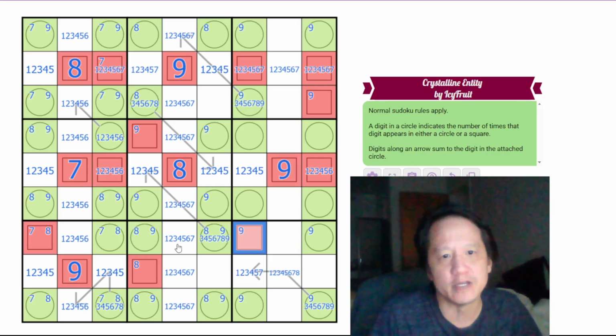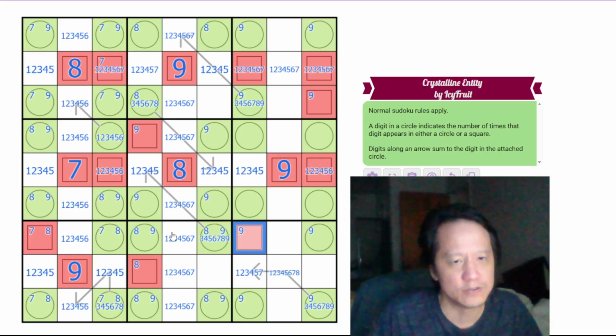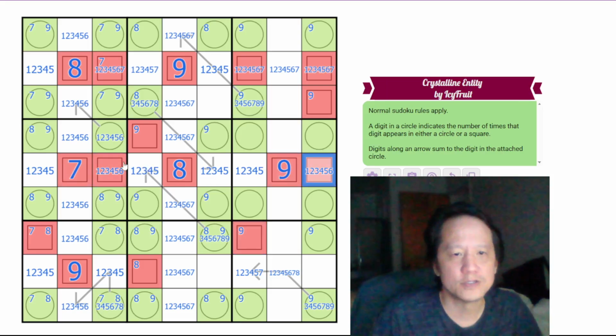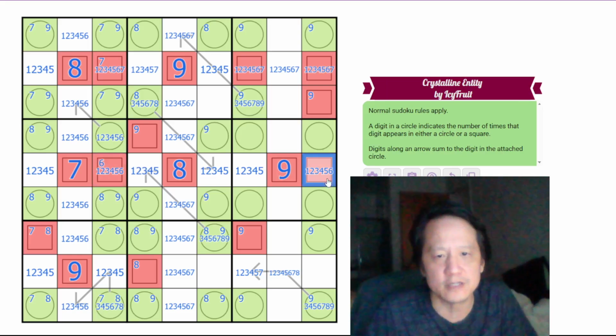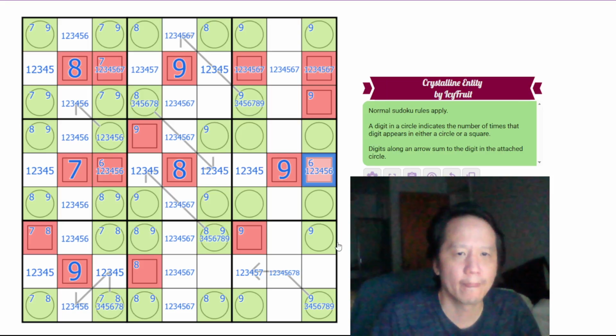The problem is, well, okay, it's only 1 and 5 that fails, because we're missing a 6 here. So 6 is one of the squares here. So this has to be 6 or this is 6, right? Therefore, 6 is one of these two.